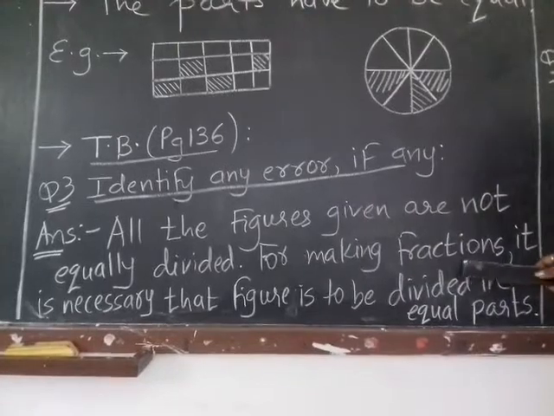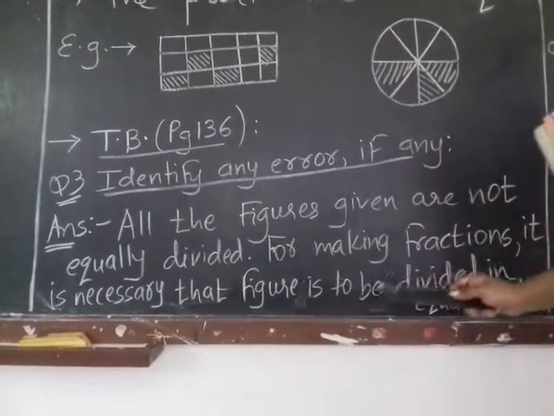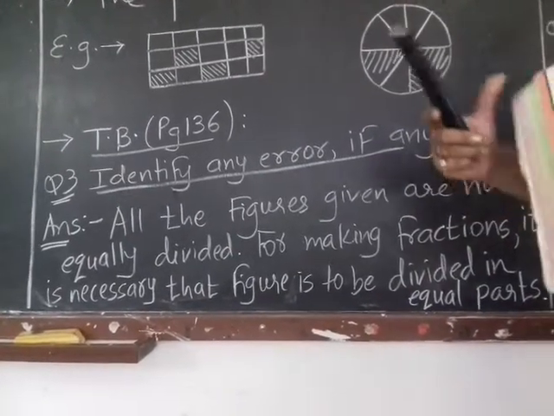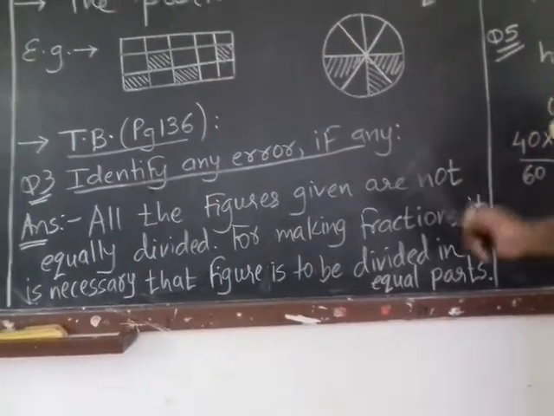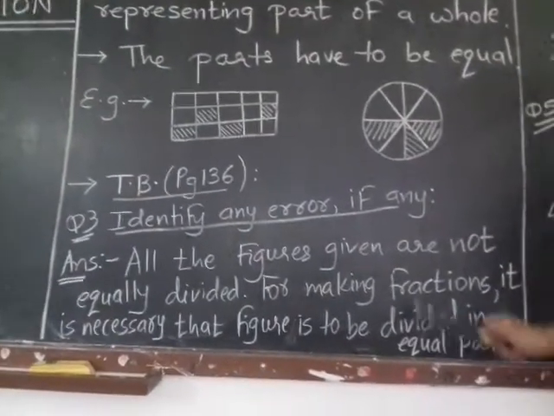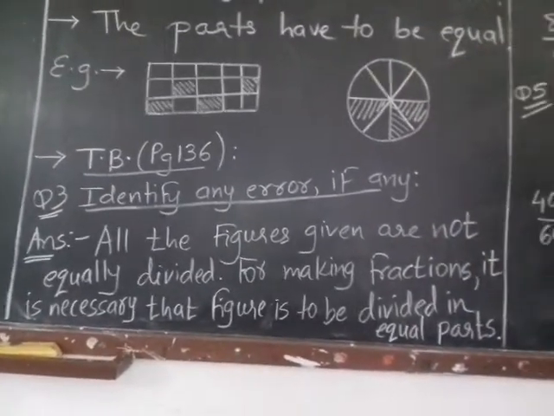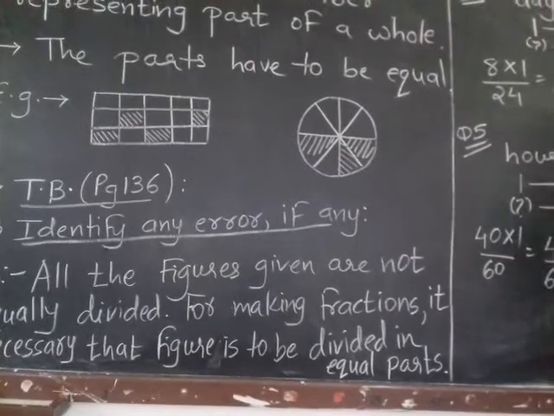For making fractions, it is necessary that the figure is divided into equal parts, and here you can see the figures are not equally divided. One is small, one is big. Here also 2 are small squares and the others are rectangles. The circle is also not divided equally, so this is not a fraction. So remember, fractions are said only when the figure is equally divided, and in question number 3 not a single figure is equally divided. So there are errors in all the 3 figures.